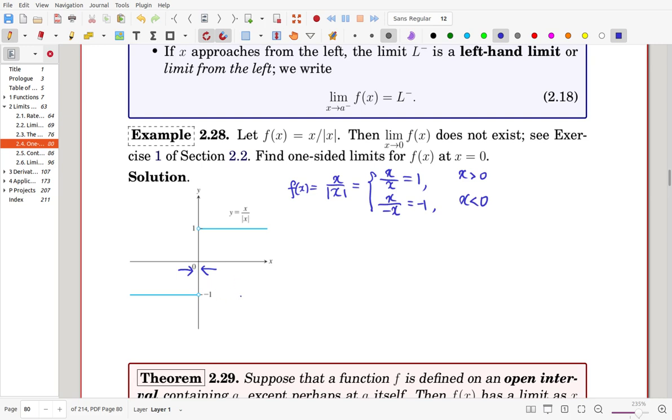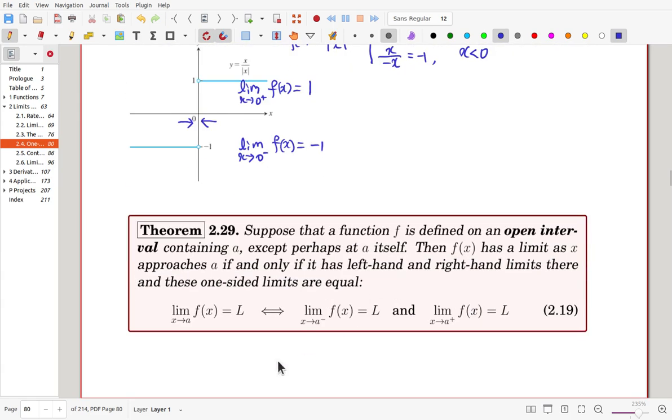The limit as x approaches 0 from the left of f(x) is minus 1. For this one, the limit as x approaches 0 from the right of f(x) equals 1. So we consider the limit part by part.